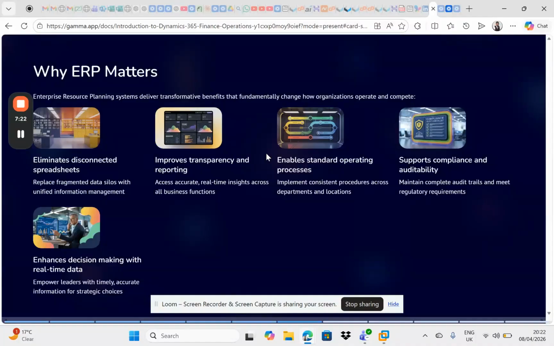You access information in real time across all the business functions. It also enables standard operating processes, that is, consistent procedures across all the departments. There are steps and processes through which you go to process your financial data.